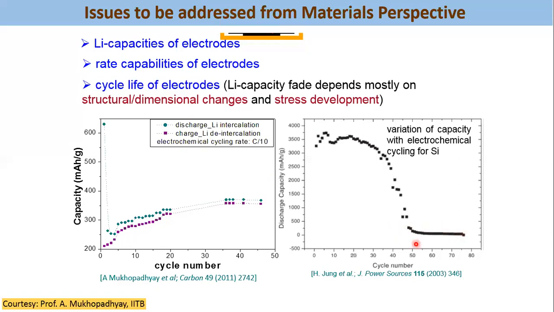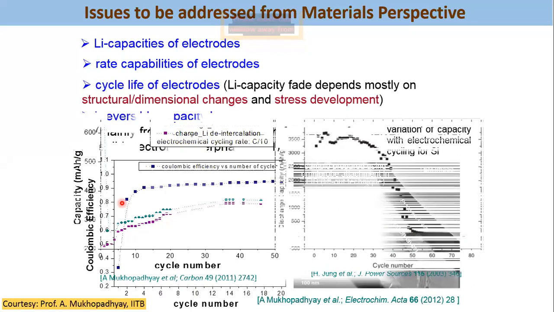And after 80 cycles, the material hardly stores lithium. At the same moment, if you look at graphitic carbon, it has significantly better cycle life as compared to alloying or conversion based electrodes.